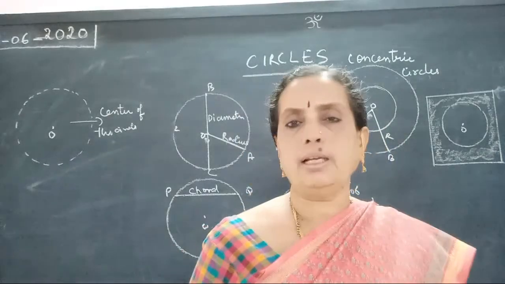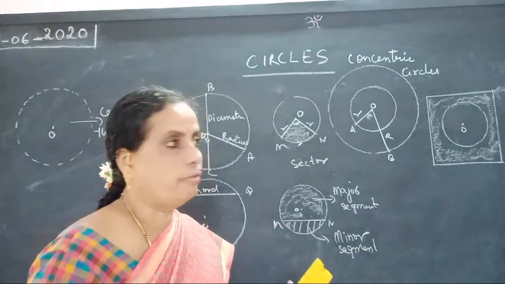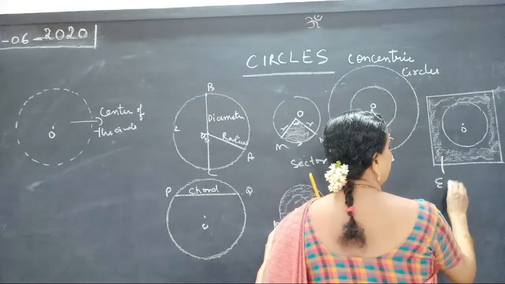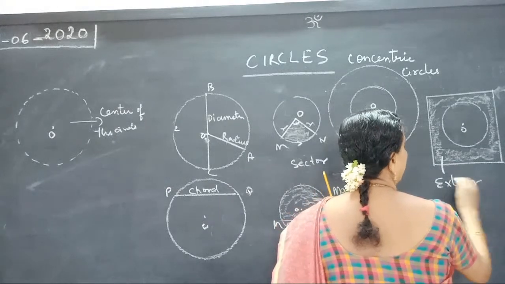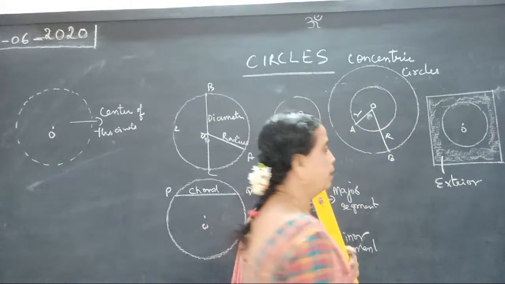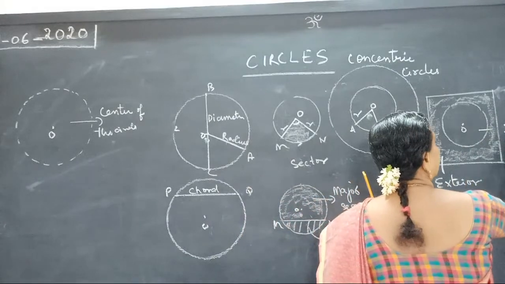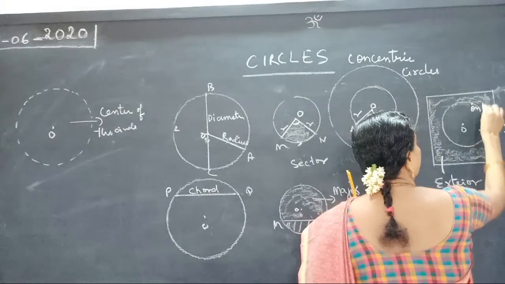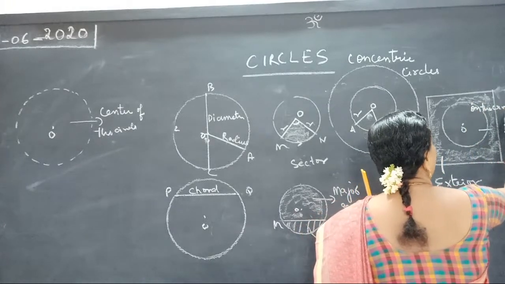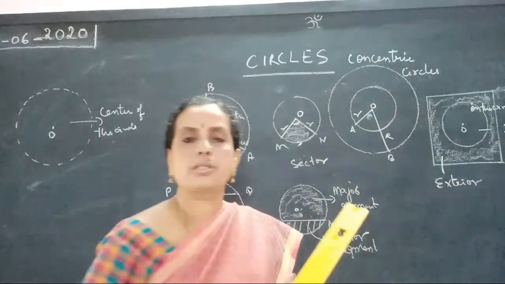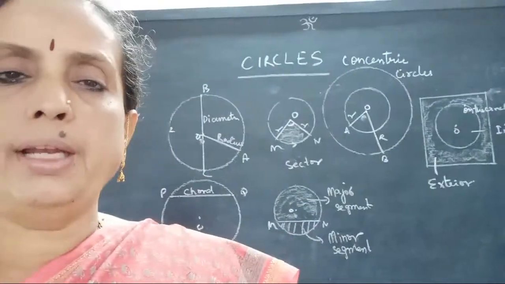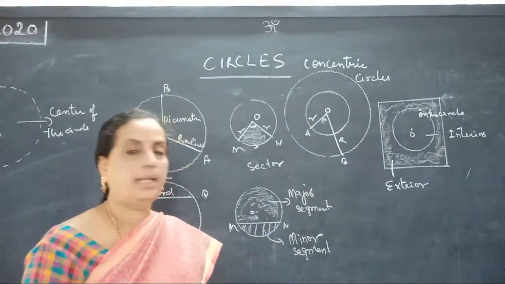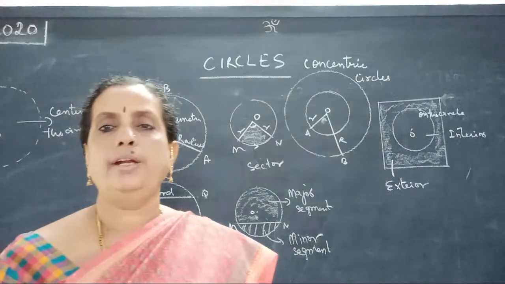So the circle divides the region in which it is placed into three parts: the exterior of a circle, the interior, and on the circle. By seeing the points in this region, we can easily identify the points interior to the circle, exterior to the circle, and on the circle.